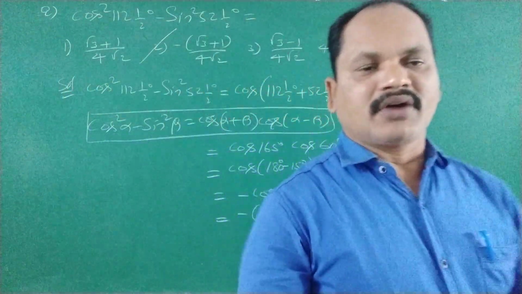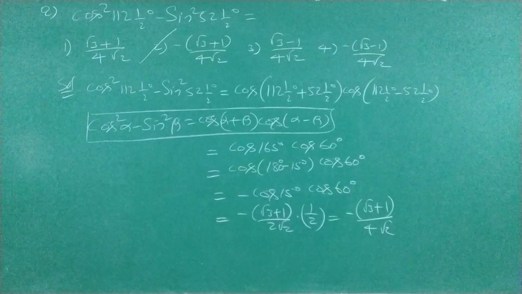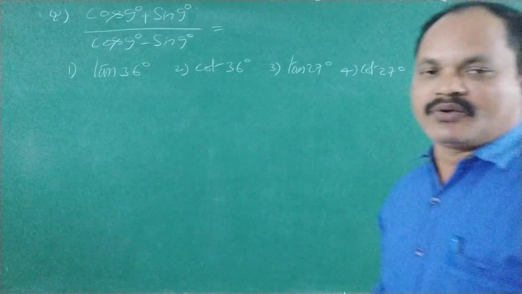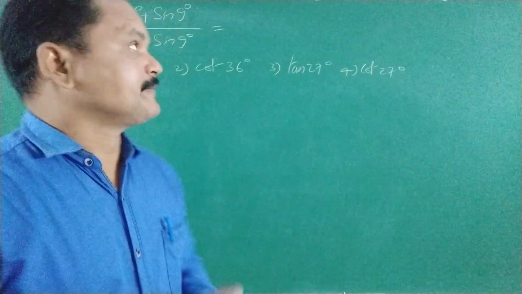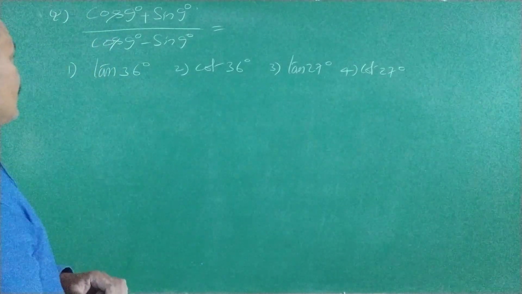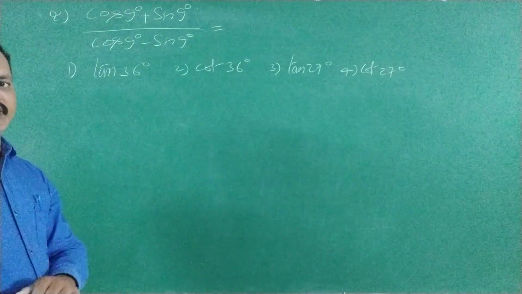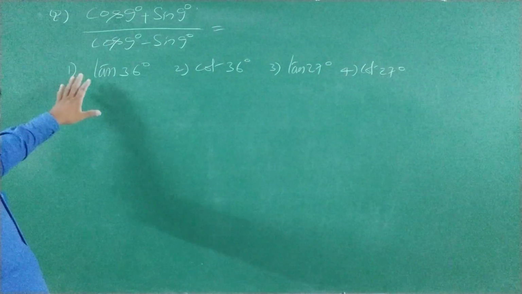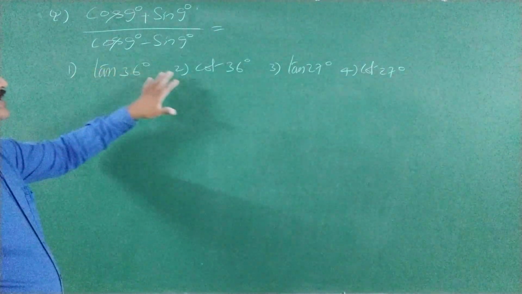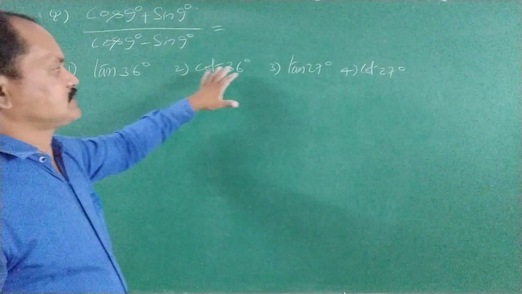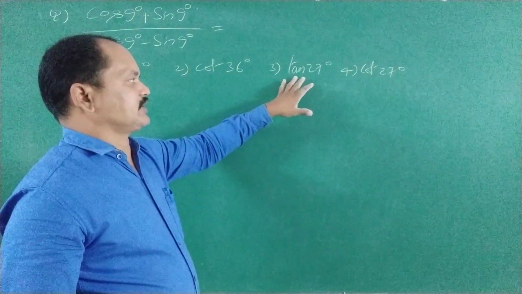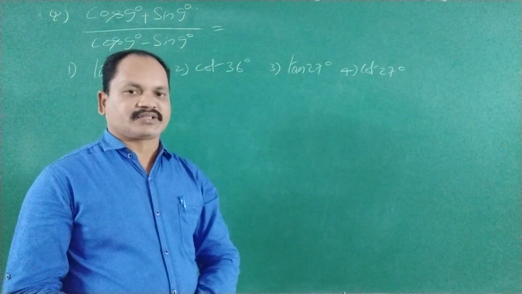Okay. Now we are going to some concept. Now we are going to the question: (cos 9 degrees plus sin 9 degrees) whole by (cos 9 degrees minus sin 9 degrees) is equal to, first option tan 36 degrees, second option cot 36 degrees, third option tan 27 degrees, and fourth option cot 27 degrees.